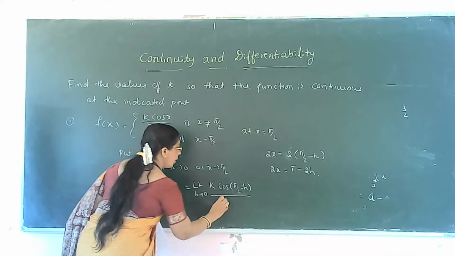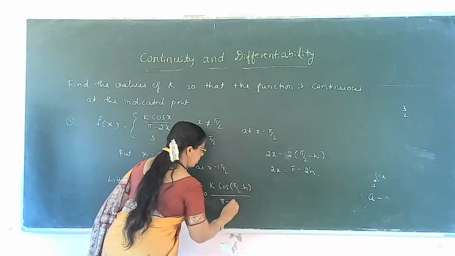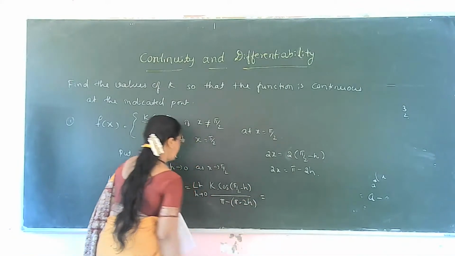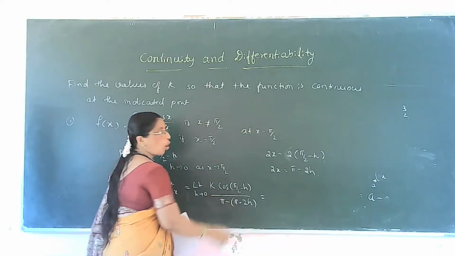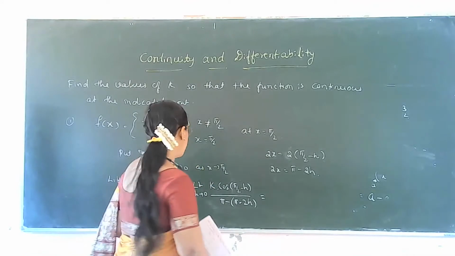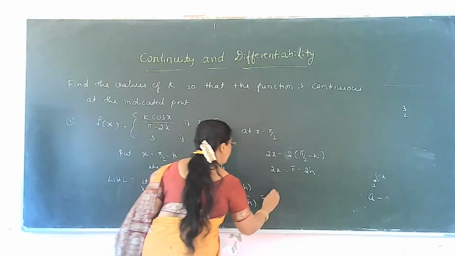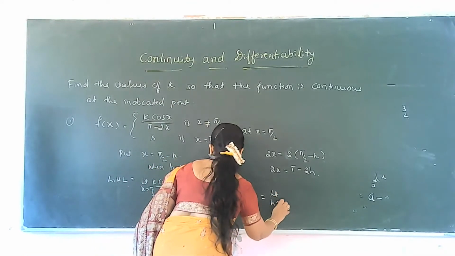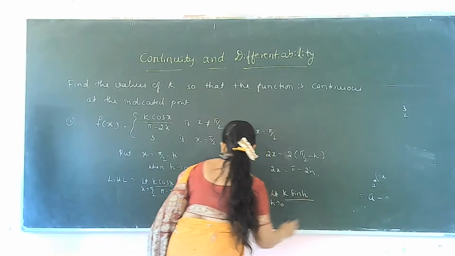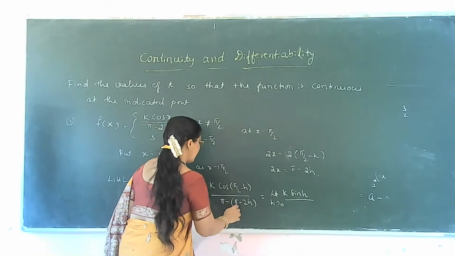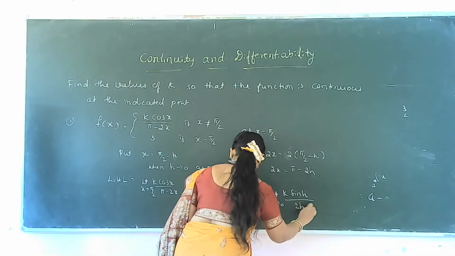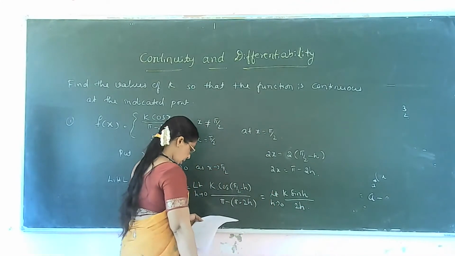Then 5 minus 2x is 5 minus 2h, which is equal to cos of 90 minus theta. 90 minus theta is sin theta. Therefore, limit of h tends to 0, k into sin h divided by 2h.